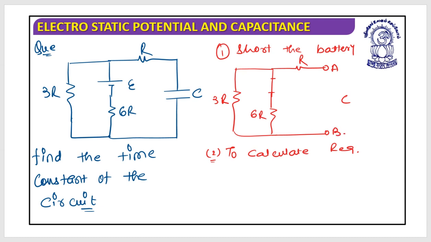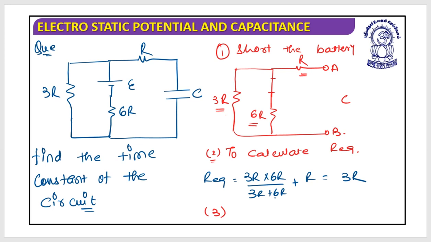In 10th class we have learned that this 3R and this 6R are in parallel, and the equivalent of this is connected with this resistance in series. So my R equivalent should be 3R and 6R in parallel, so it's 3R into 6R divided by 3R plus 6R, plus R. So it's 3 sixes are 18 divided by 9, it's 2R plus R. This is 3R. This is the second step.